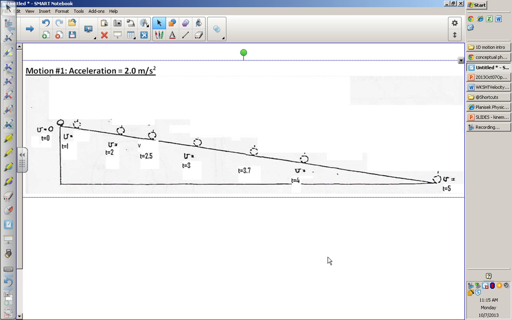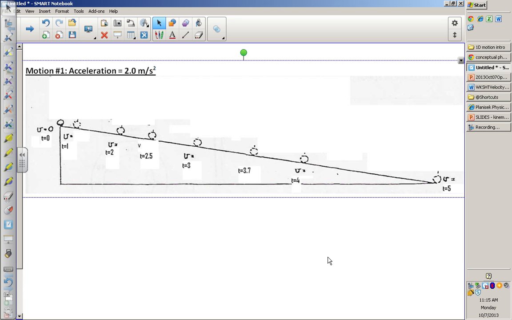Okay, now, let's start working on some of those things that we skipped. Okay? The first one we skipped was 2.5 seconds. 2.5 seconds is how far between 2 seconds and 3 seconds? Halfway, right? From a time standpoint, not a distance standpoint, it's half the amount of time between 2 and 3, right?